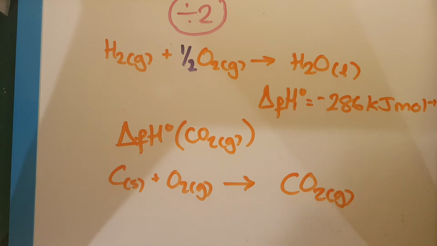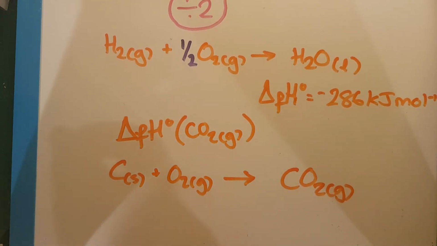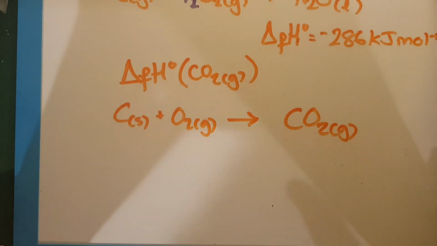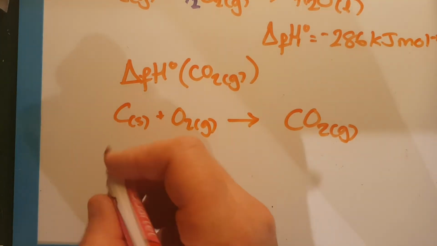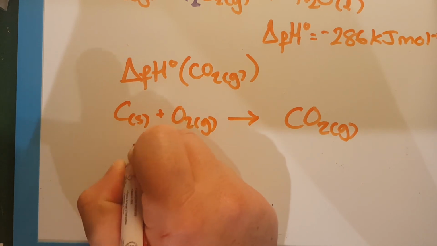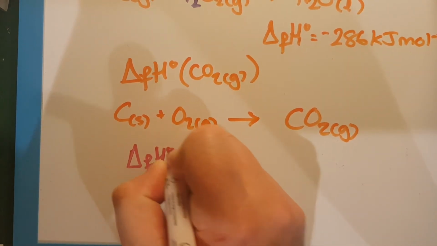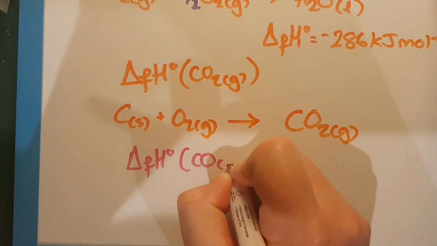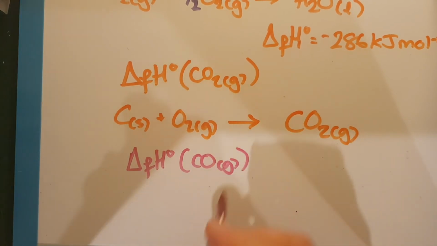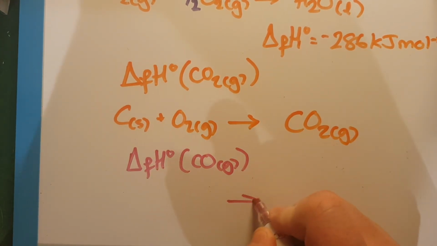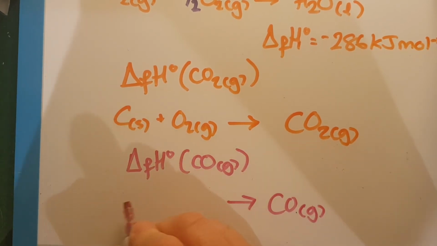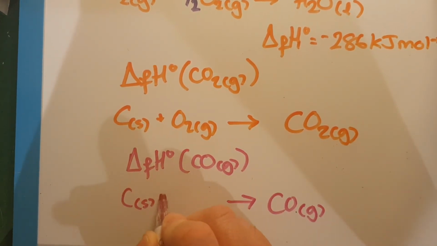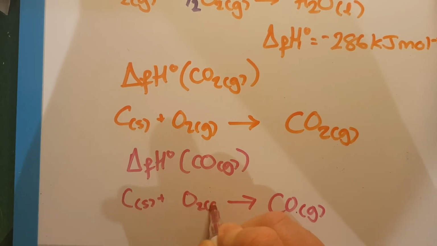If it was carbon monoxide being made, by contrast, then, I'll just change colours here so they are a bit different. If it was the enthalpy of formation of carbon monoxide, which is a gas as well at this temperature, then of course I'm going to end up with carbon monoxide gas. I'm going to start with my carbon, which will be a solid, and I'm going to have my oxygen gas.